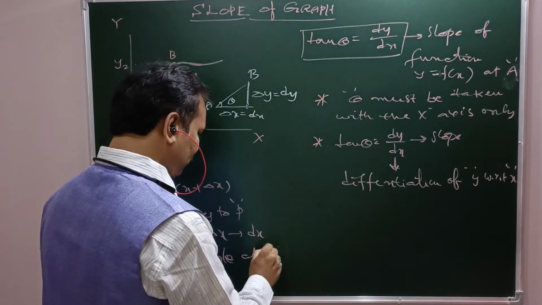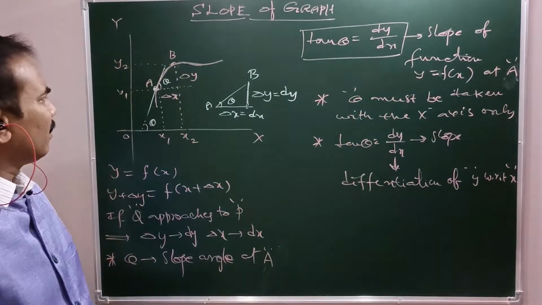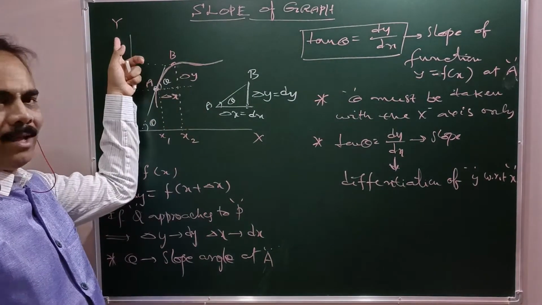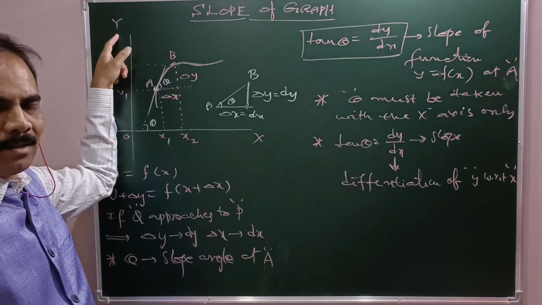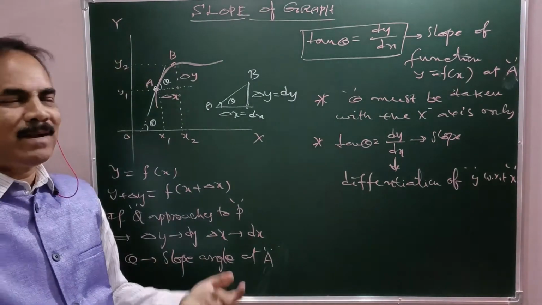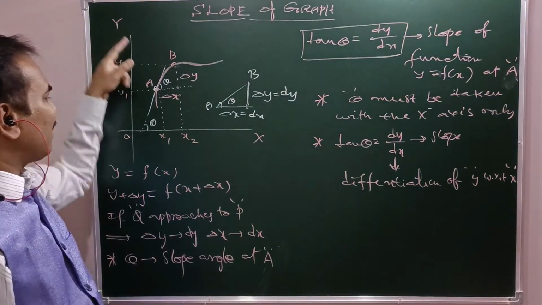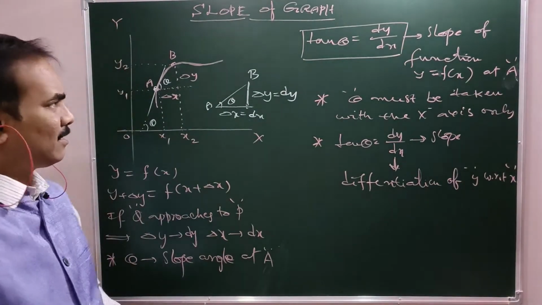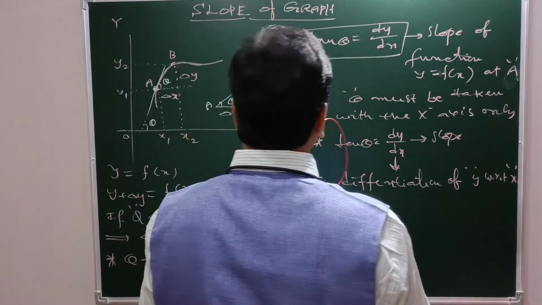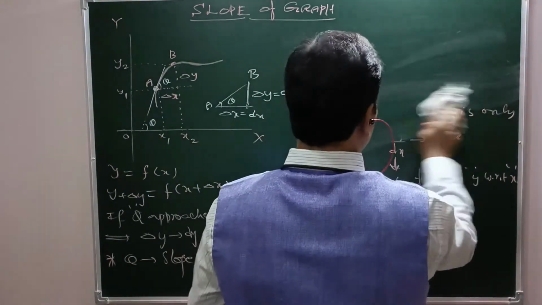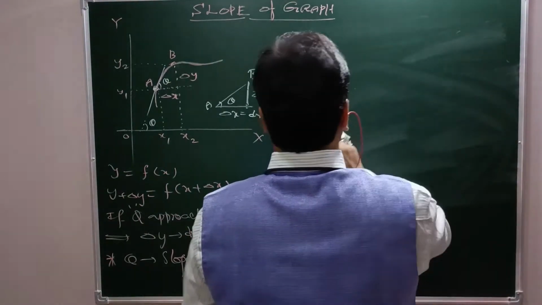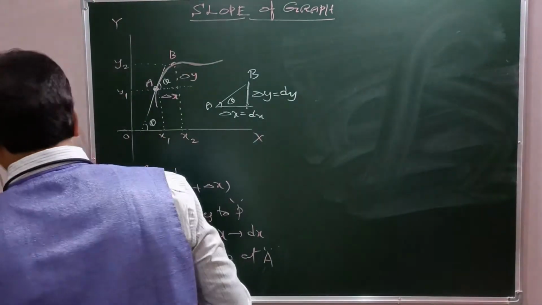Okay. Now let us see, by replacing x and y with time and position. Position means the displacement. Suppose position or displacement is taken along the y-axis and time is taken along the x-axis. Let us see what the slope of that graph is. First one, position versus time.